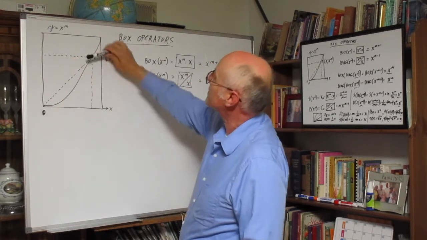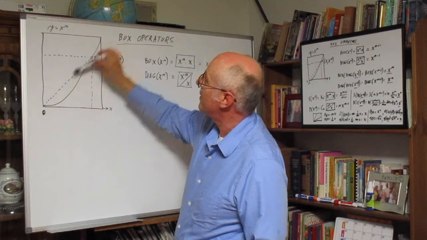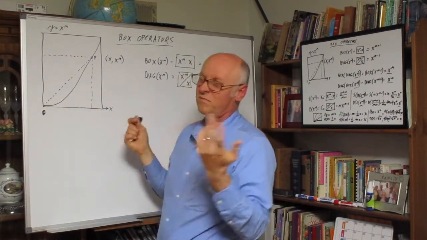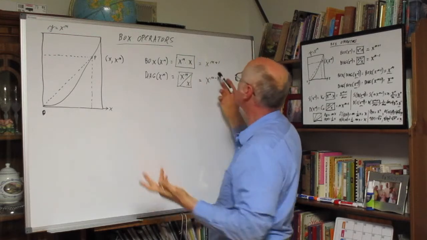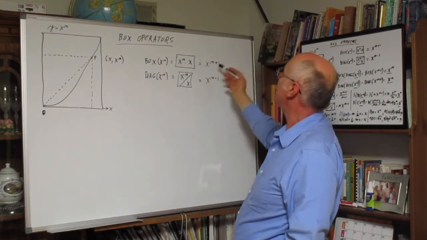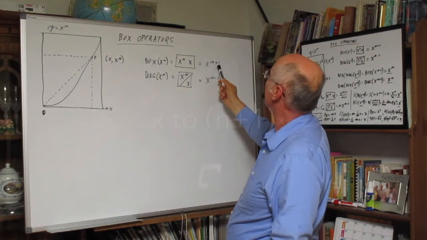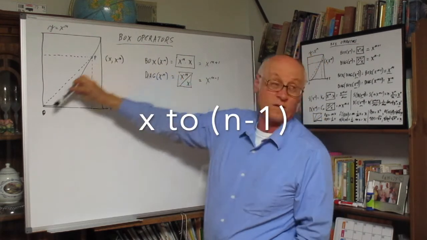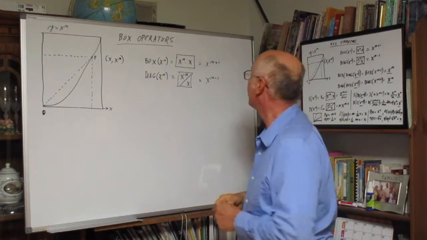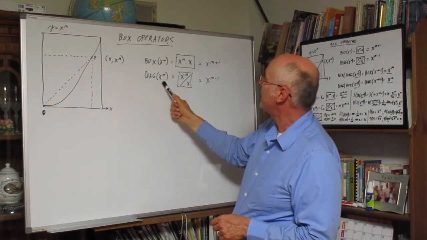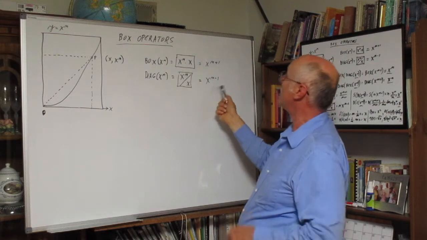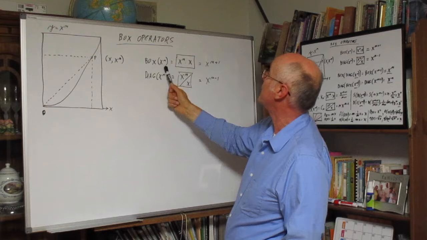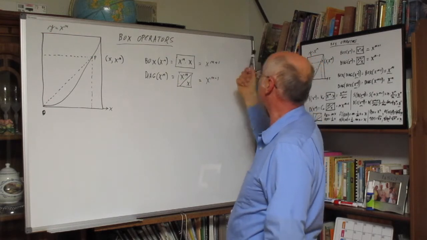And the diagonal is the diagonal slope. And they look kind of different. You say, well, you know, areas and slopes, they're completely unrelated. But in the algebraic setting, in algebra, it's just a power plus 1 for the box and a power minus 1 for the diagonal. That's the function. And notice, for the diagonal you start out with x to the n and you end up with x to the n minus 1. For the box, you start out with x to the n and you end up with x to the n plus 1.